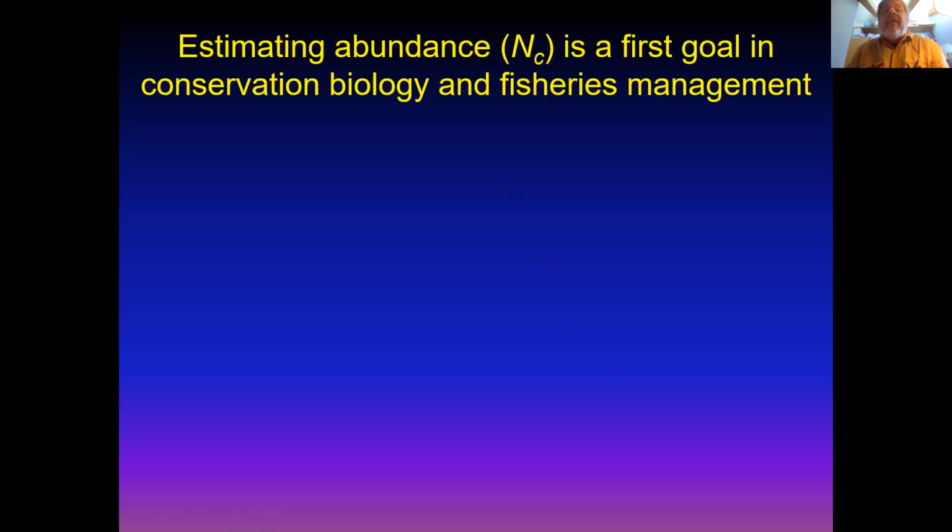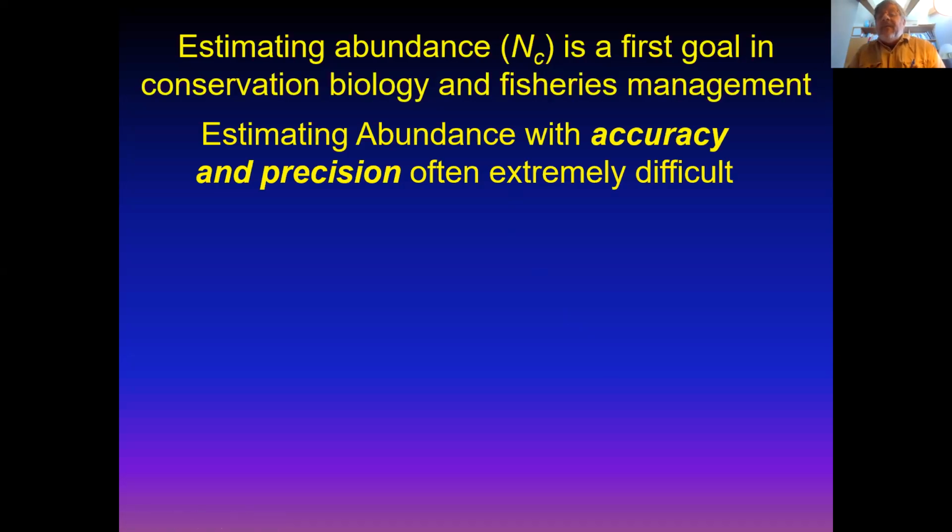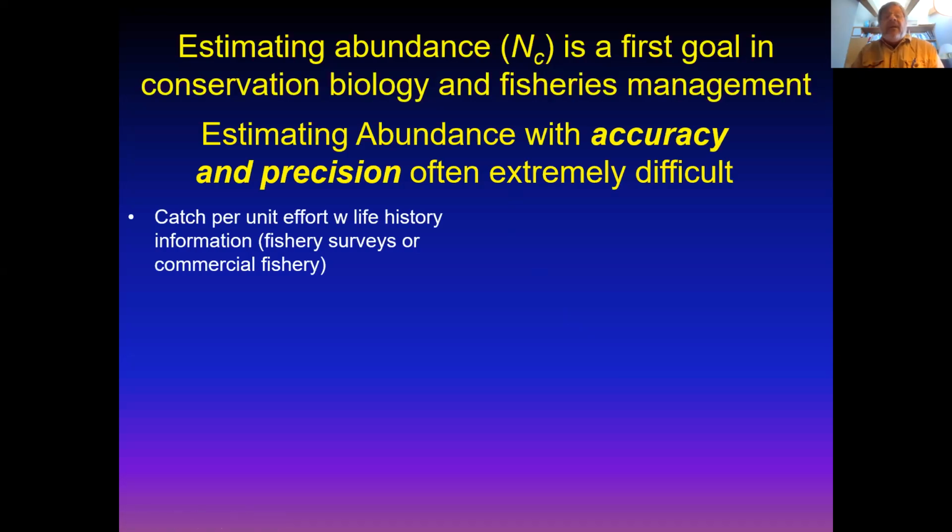Estimating abundance is the first goal in ecology and conservation biology, and certainly in fisheries management. However, estimating abundance with accuracy and precision is often extremely difficult. And we know that from many examples of how difficult it is to estimate how many fish there are out at sea. It's usually done using metrics of catch per unit effort, which requires life history information, and that data is usually obtained from fishery surveys or commercial fisheries.